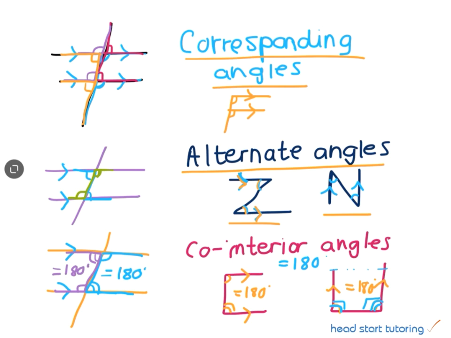So these are your corresponding, your alternate, and your co-interior angles, and we can remember them as the F, Z and C rules, and if you want to write your F, Z and C with more straight lines, you can do that as well, because you have to remember that it's working with parallel lines. So you can remember them as your FUN rules: your corresponding, your alternate, and your co-interior angles.